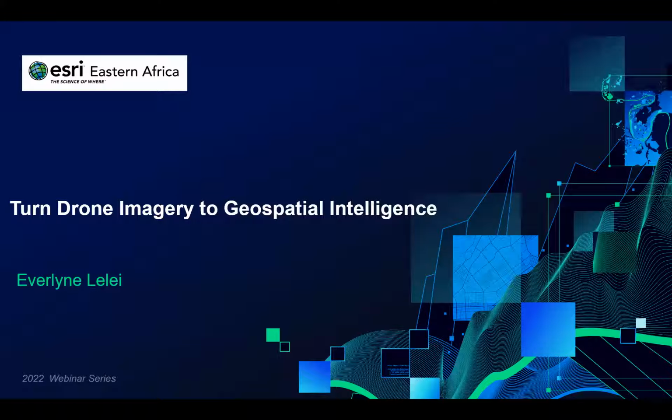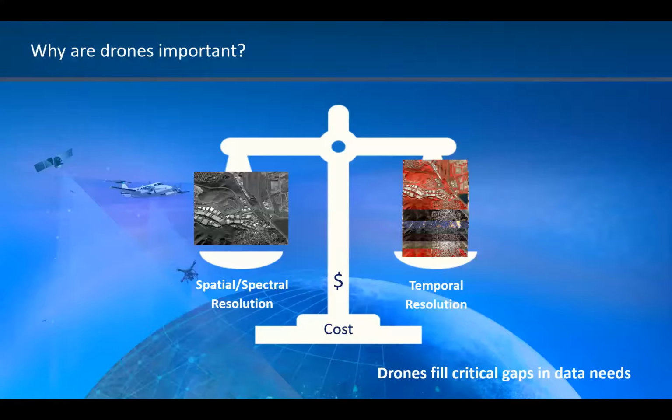So drones fill a very critical data gap. And as I mentioned, there's increasing adoption and use of drones, with a growing need for imagery. We're not just talking about imagery, but imagery with a high spatial resolution as well as spectral resolution, and of course also temporal resolution.